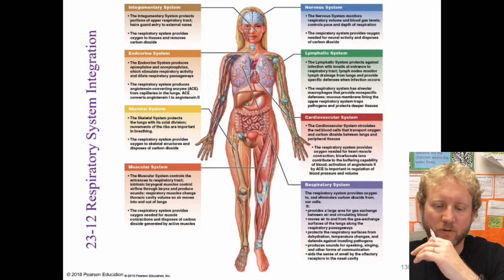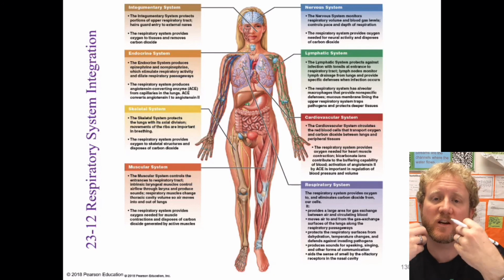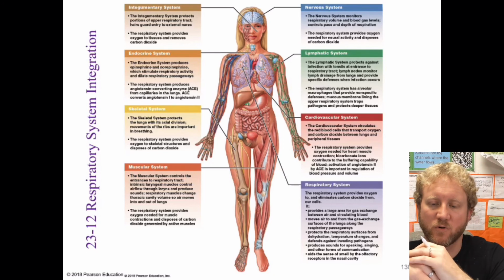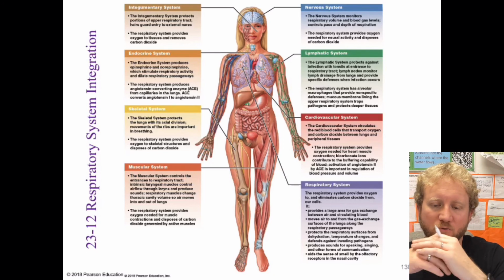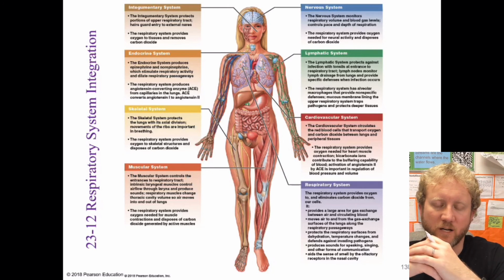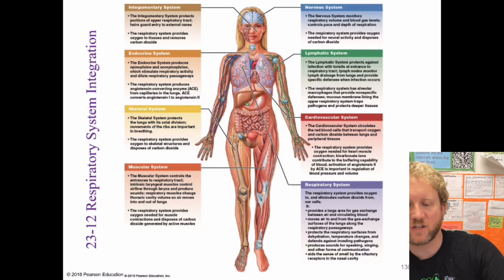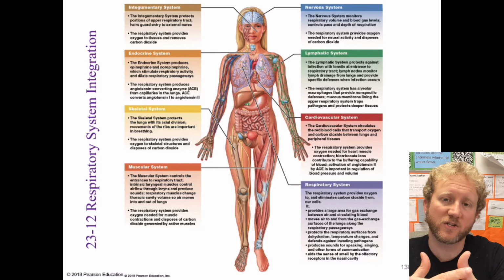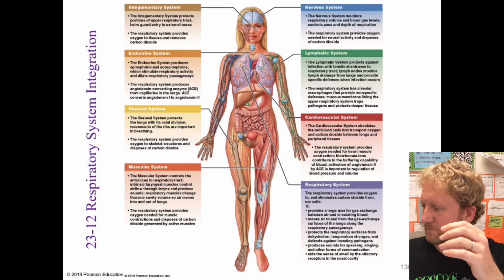That's going to travel through the blood, part of the circulatory system, to the lungs where it's expelled. There's the respiratory system. So there's real tight integration between all of those systems. Basically, all the oxygen that all these other systems need to function comes from the respiratory system.